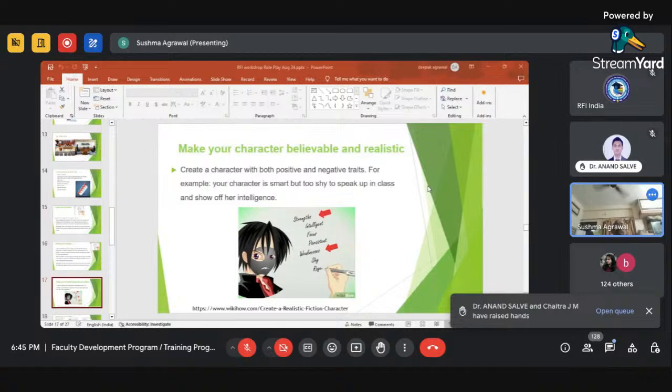As discussed, you need to make the character believable and realistic. I always correlate with movies so that it's easy to understand. I have read earlier that Pran Saab used to play the major villain opposite the hero.